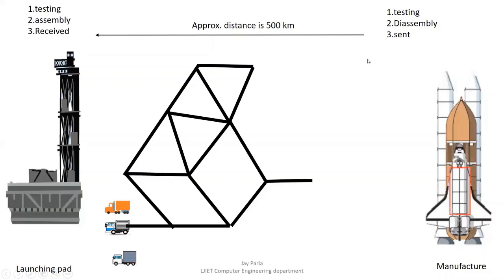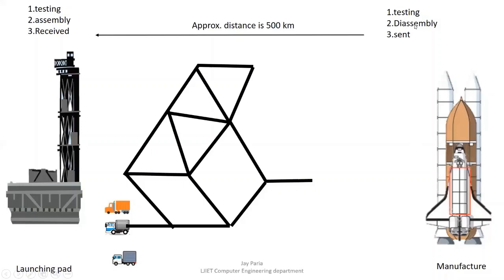At the receiver side, the same thing will happen. All the spare parts will be received, then assembly will be done, then testing will be done, and the space shuttle will be launched.